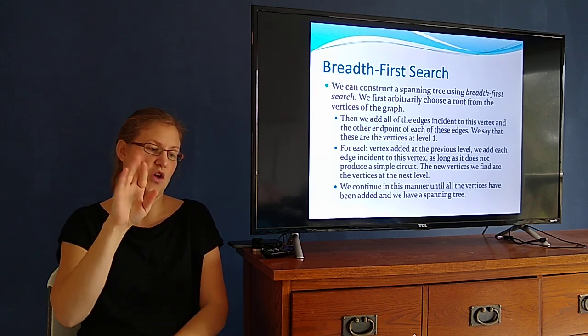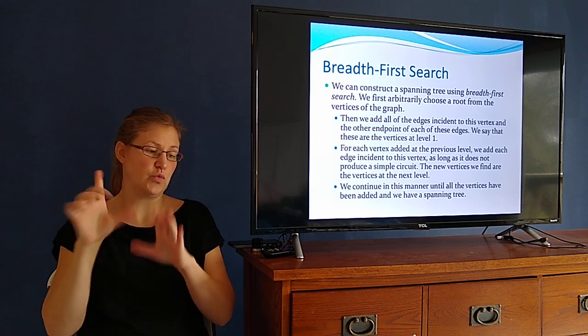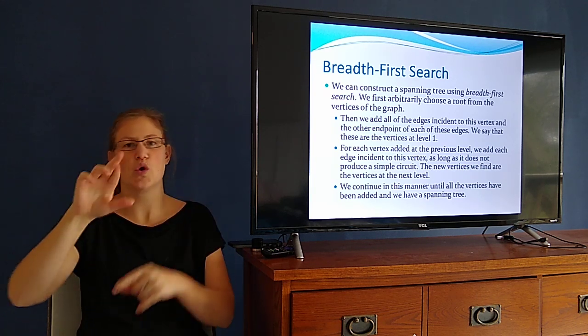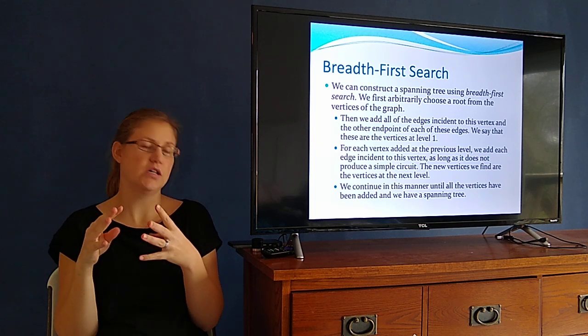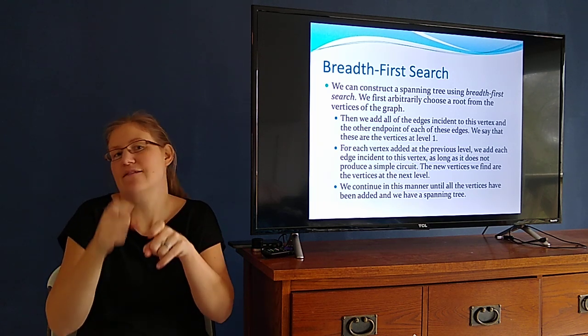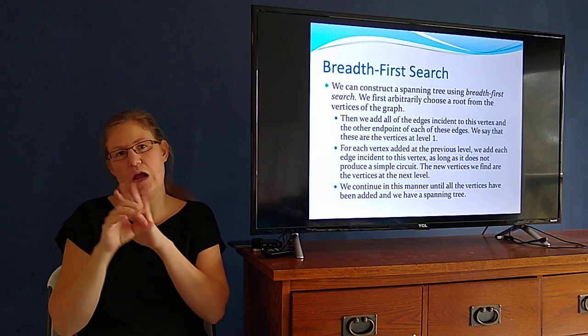We first arbitrarily choose a root from the vertices of the graph. In the exam or in the code, I'll give you this root; I will not let you choose an arbitrary root.